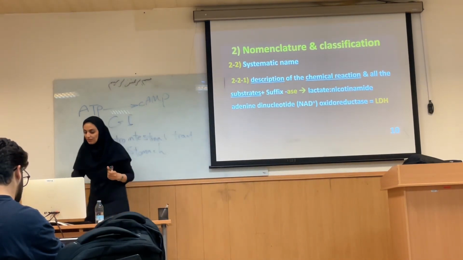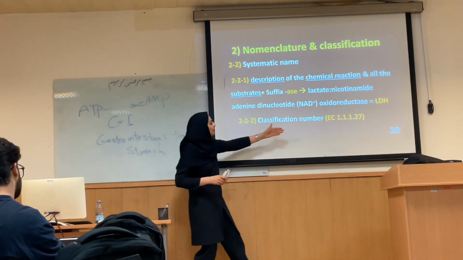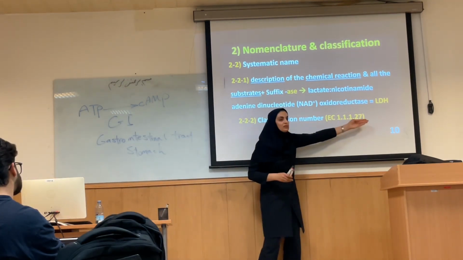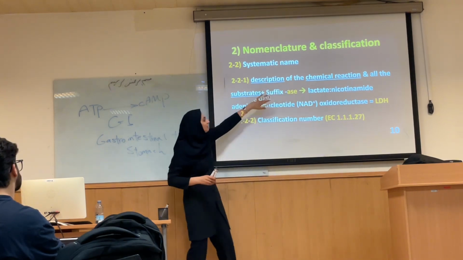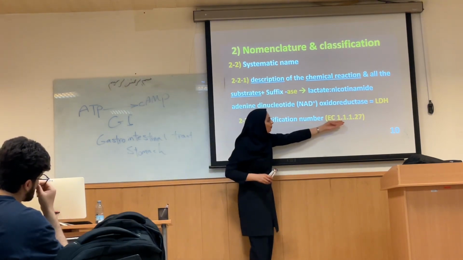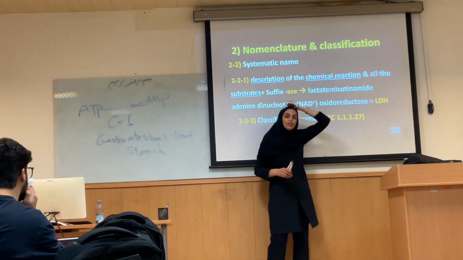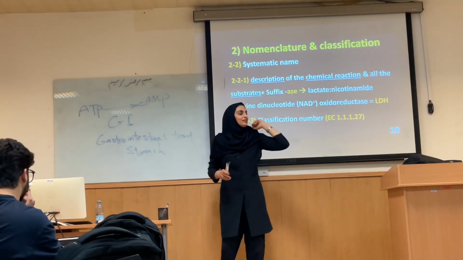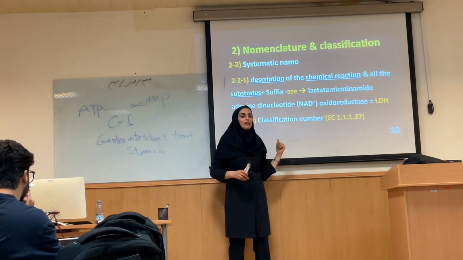And another classification is based on the enzyme commission, that has some codes. It is not important to memorize these two items. Just see here, this is the LDH. Guys, do you know what is the benefit of this naming system?